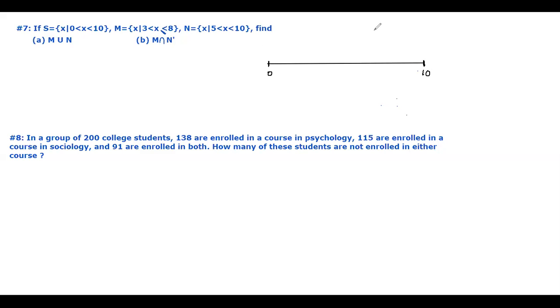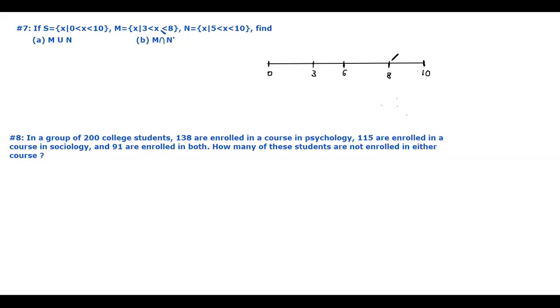Then the event M, I'm going to write it. M is from 3 to 8, right? So 5 is somewhere in the middle, 3 probably is here, and 8 probably is here.